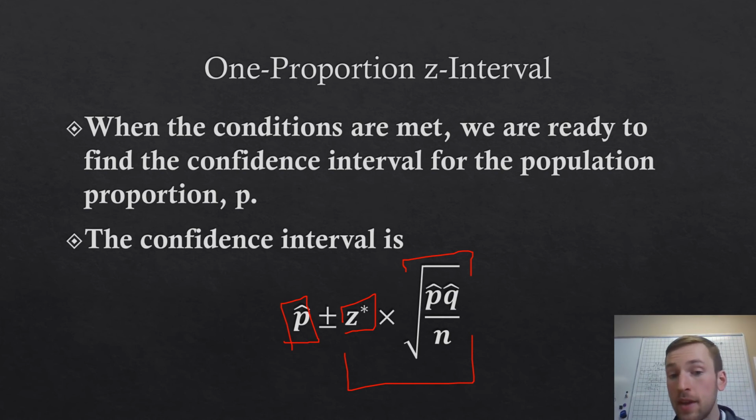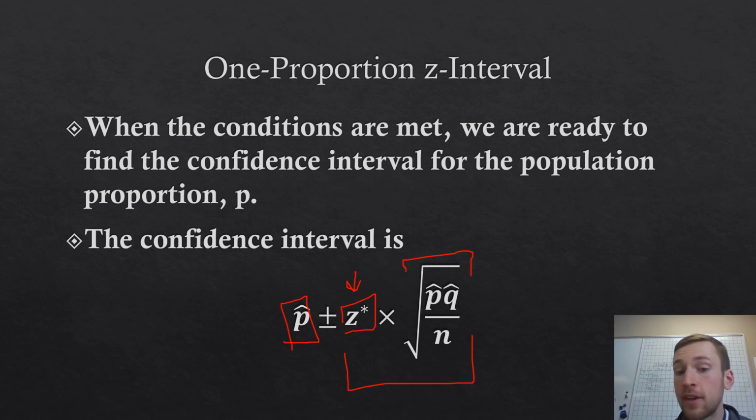So we're going to take that p hat value plus or minus z star. I'm going to show you that in class, but that is solely dependent on our confidence level, okay? So it's going to be the same for a 95% confidence interval. Or if we had a 90% confidence interval, there's a z star value for that as well.